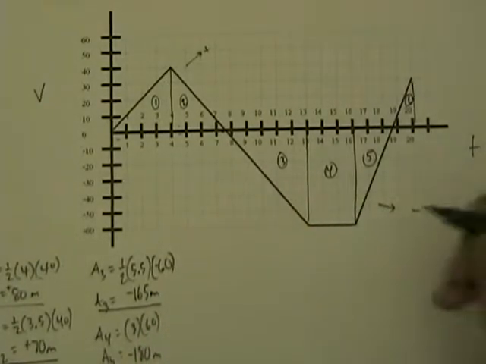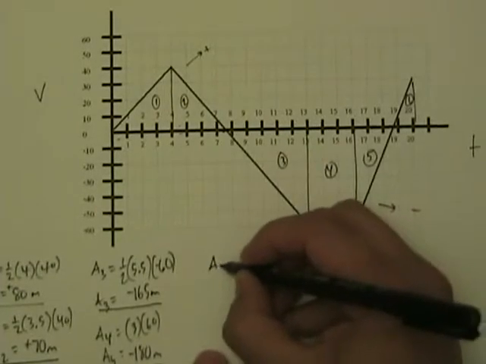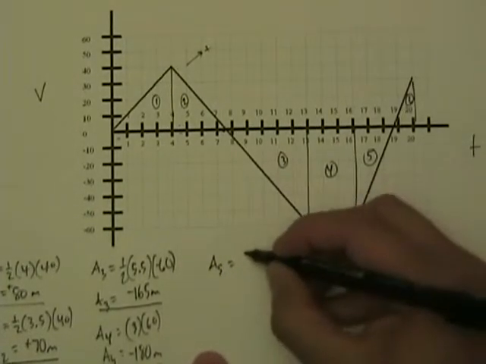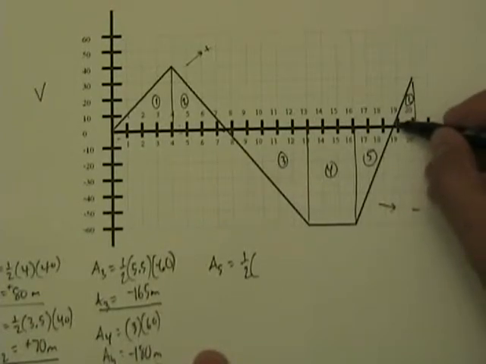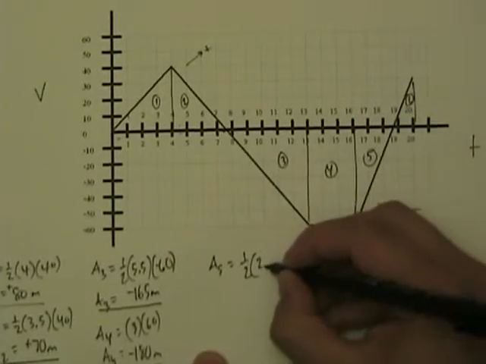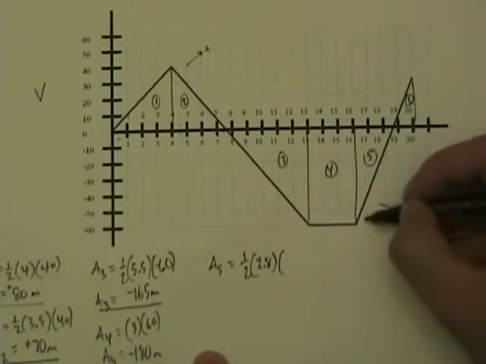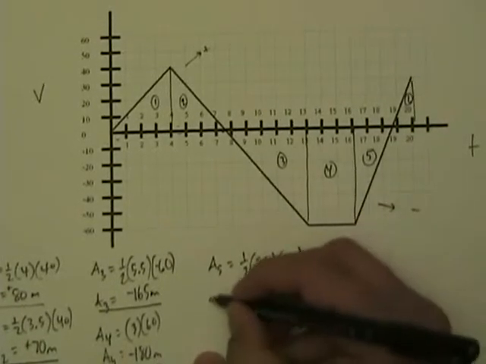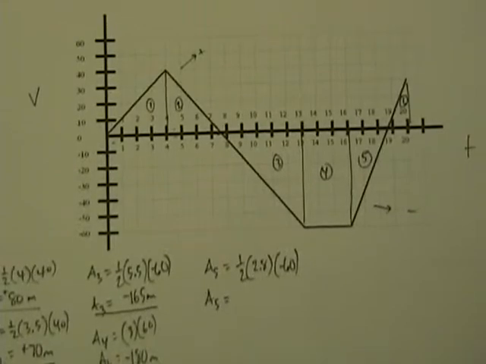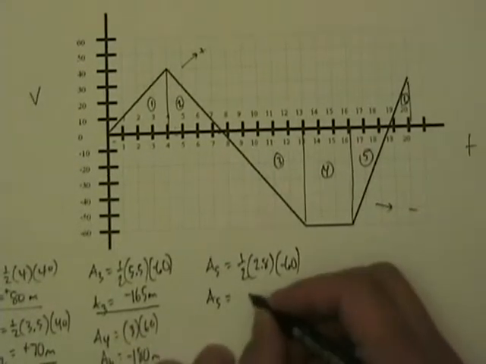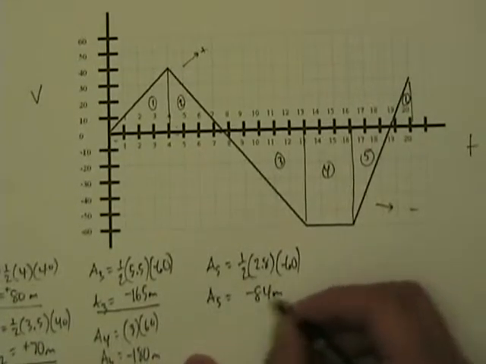And let's see, area 5, right there, half base times height, 1, 2, what I call that? I called it 18.8, right? So that's going to be 2.8 times minus 60, half of which is minus 84.